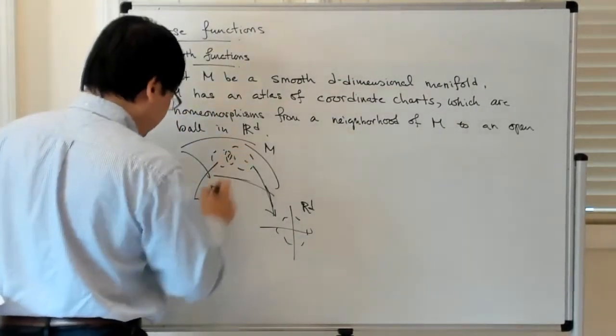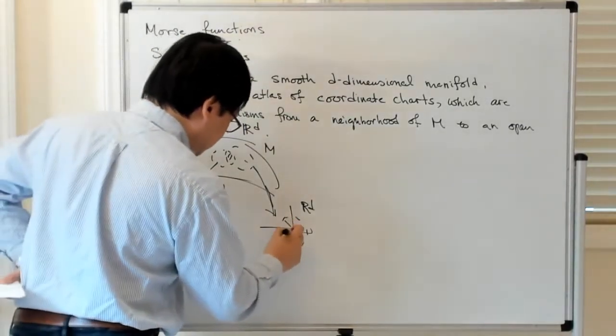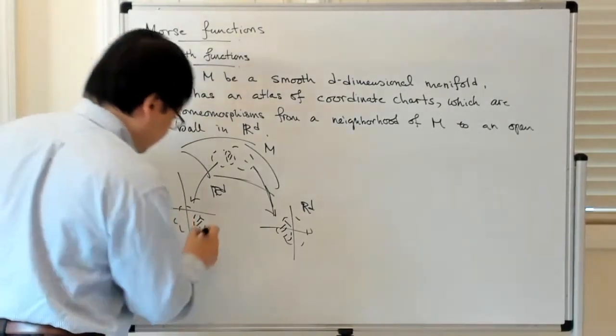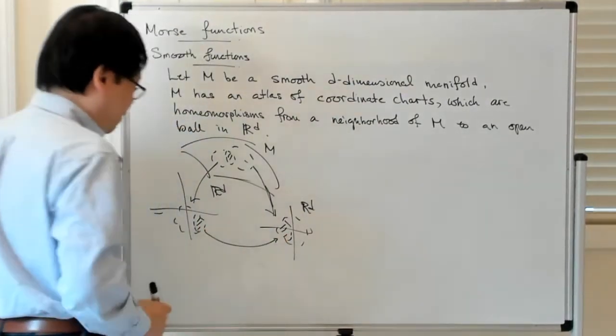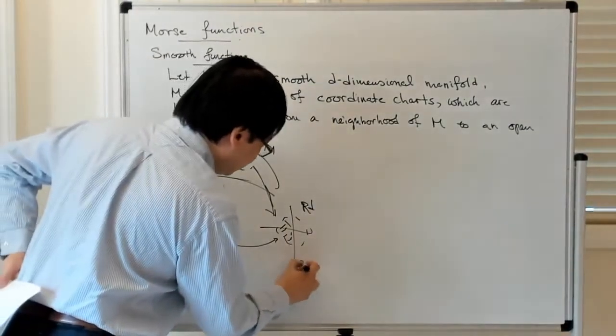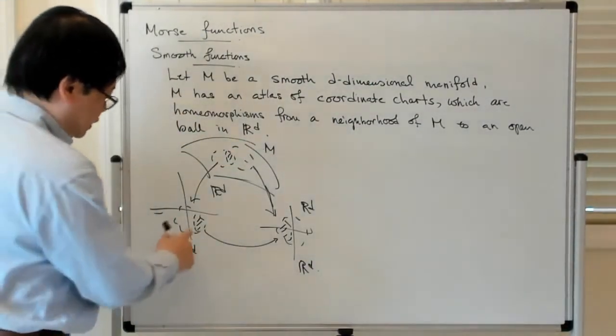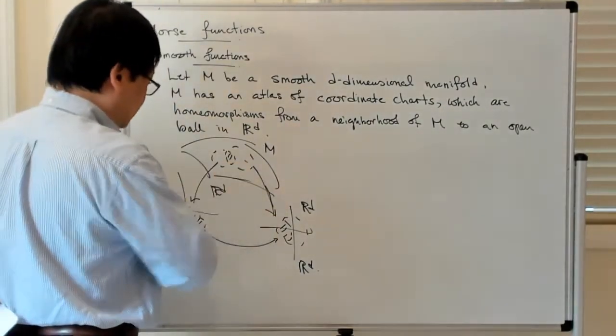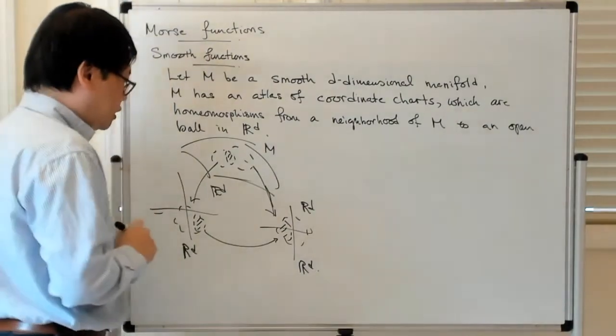They have an overlap region, and so you can define a map from some neighborhood of R^d to some neighborhood of R^d, using these diffeomorphisms.